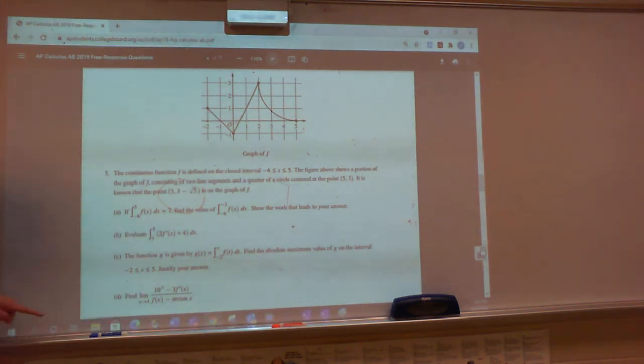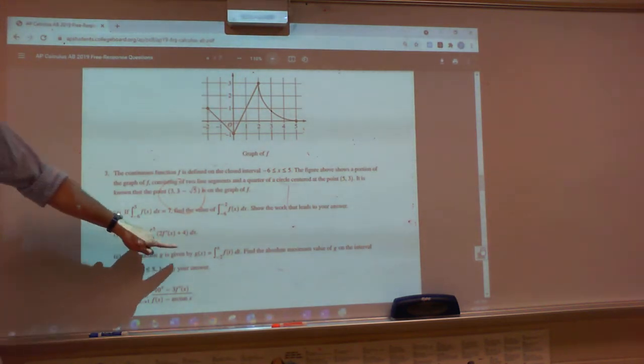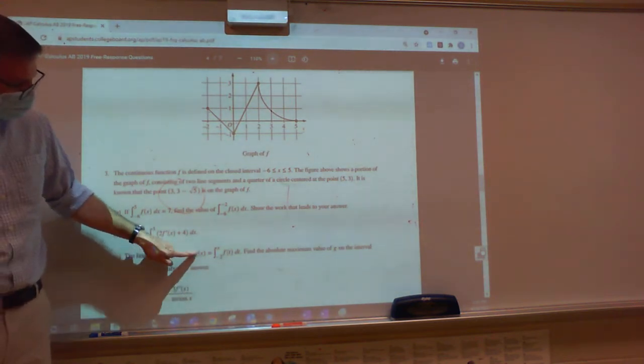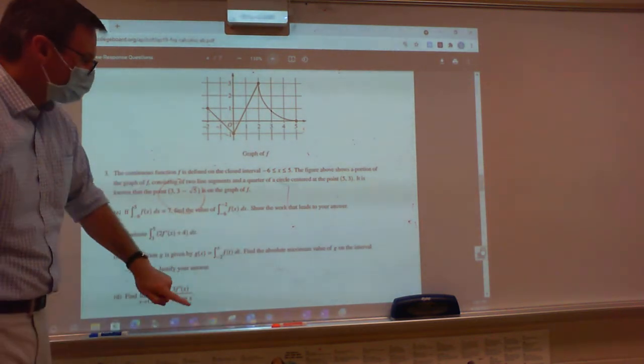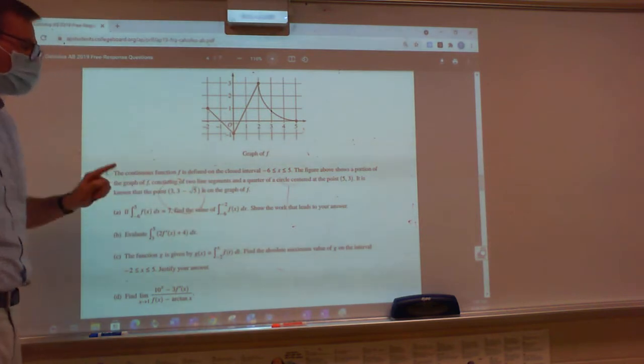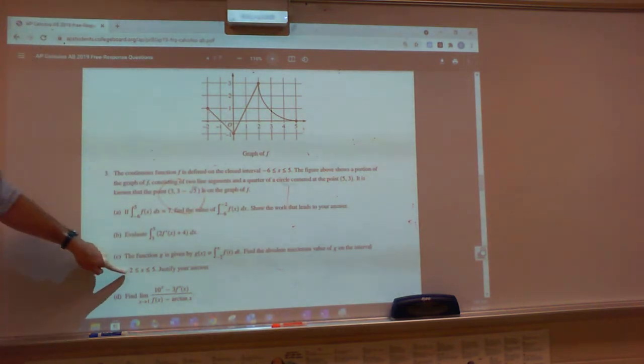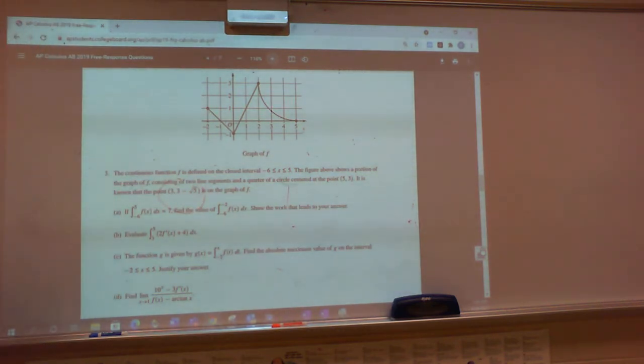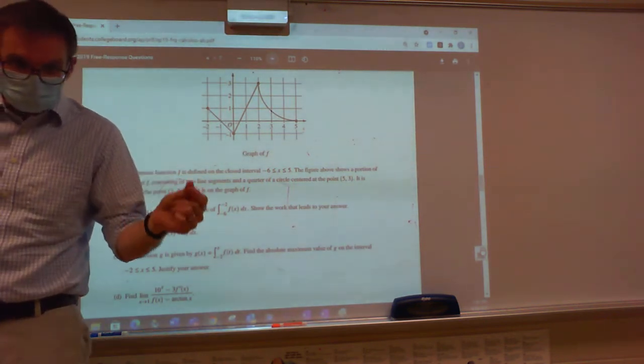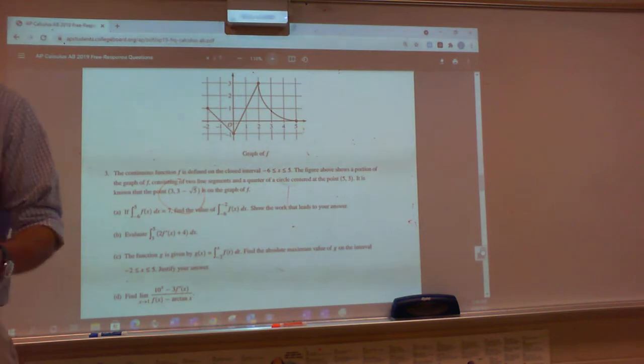The function is given, so we've got g as the area from negative 2 to x. It says find the absolute maximum value of g on the interval negative 2 to 5 and justify your answer. Whenever they ask you to find the absolute max or absolute min, what are they doing?